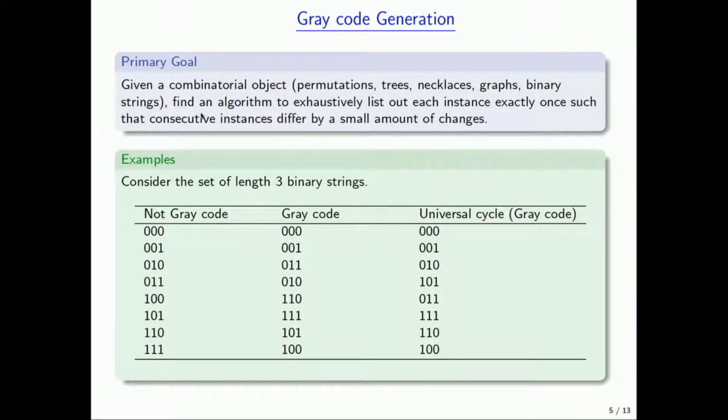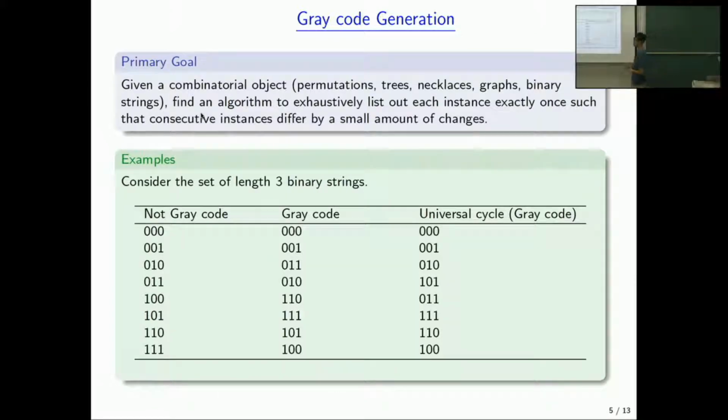For gray code, basically for each of the consecutive strings, they are different by 1 bit. And actually, there's a very simple approach to generate this gray code, and this is what we call the binary reflected gray code.